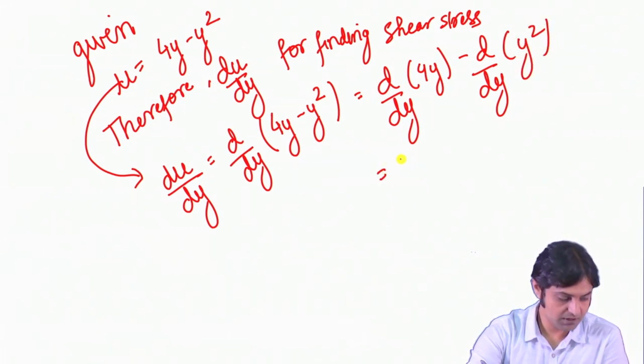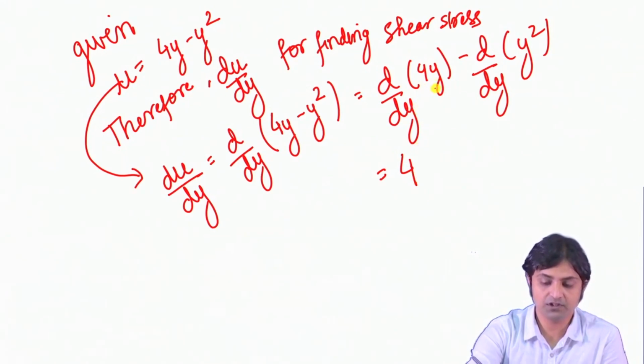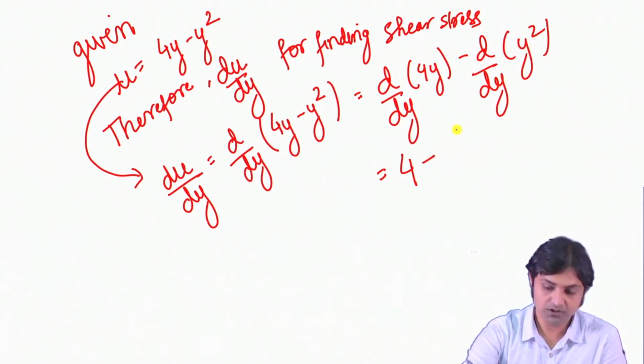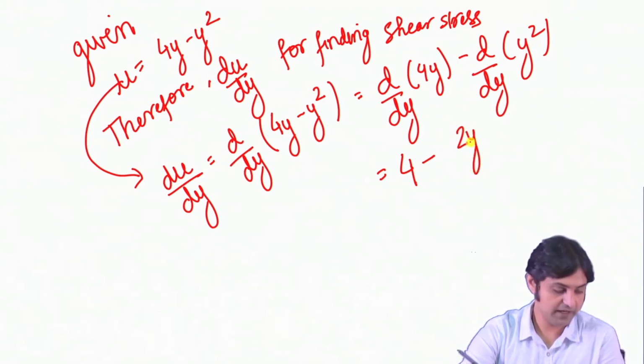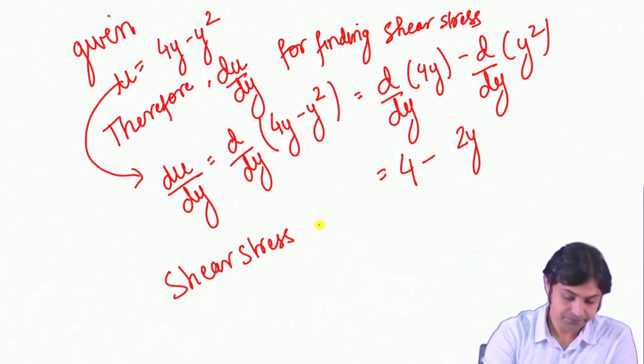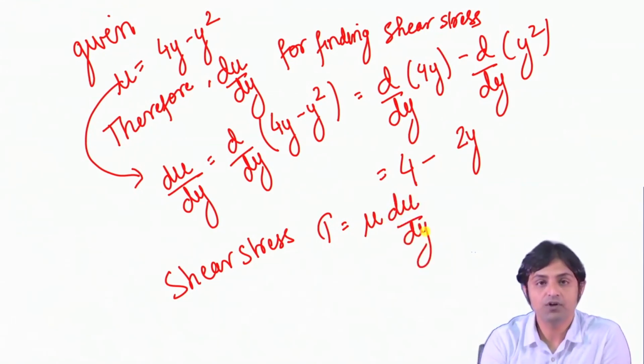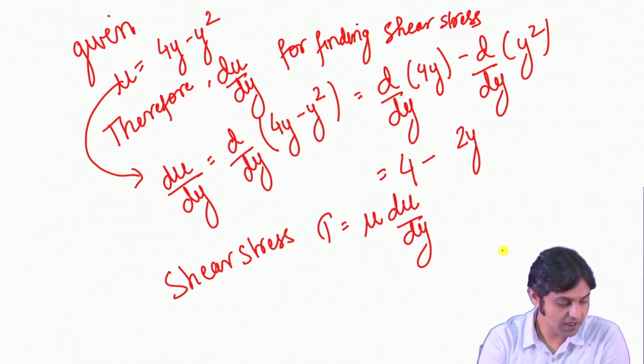So this can be written as 4, because d dy of 4y, 4 is a constant, so this will turn out to be 4, and d dy of y square, 2 will come out, so it will be 2y. Okay. Then we also know that shear stress tau is equal to mu du by dy. We have already found out du by dy, and we already know what mu is, right?